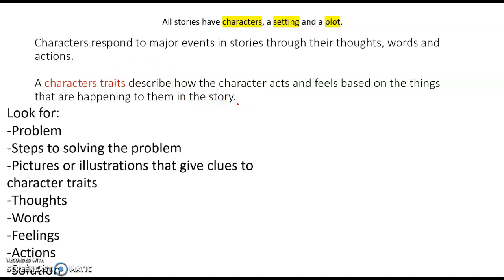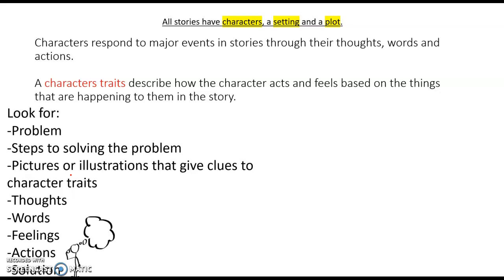So as we're reading, when we want to talk about the character's traits, we really need to look for what the problem is, different things that are happening throughout the story that happen to the character, and how they're solving the problem. We're really going to be looking at those pictures or the illustrations so that we can get some clues to how the character's feeling and acting.